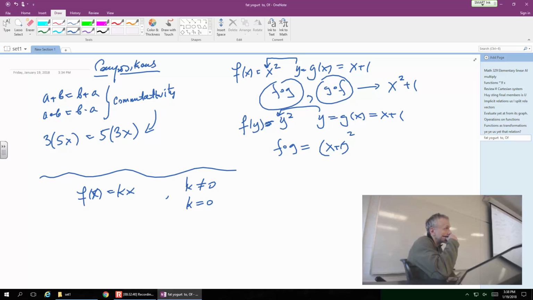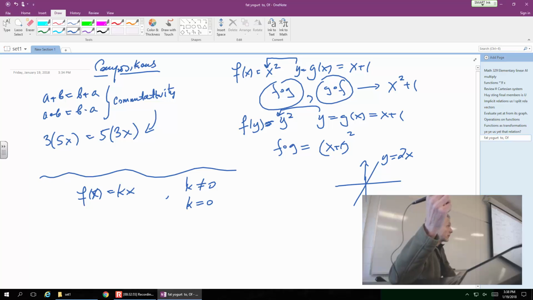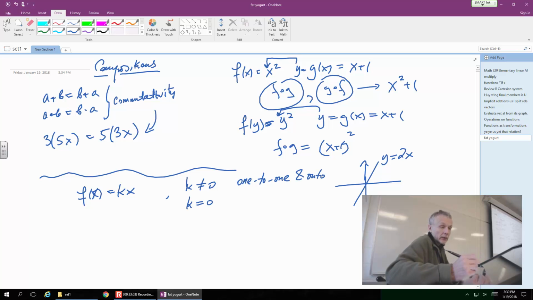So what's so special about y equal k, say 2x? Just look at the graph. What's so good about it? One to one, onto, remember? So these are one to one and onto, and this one is not.